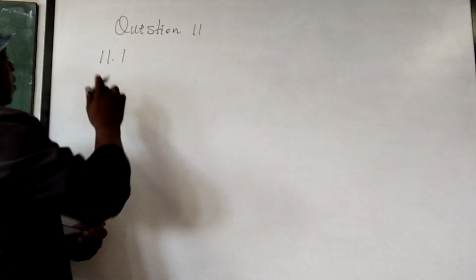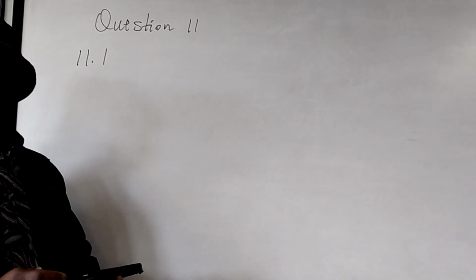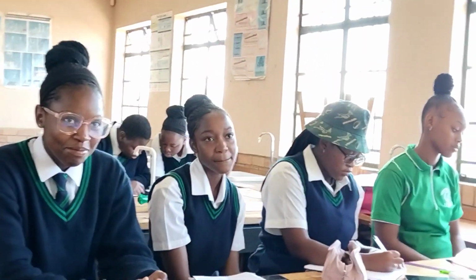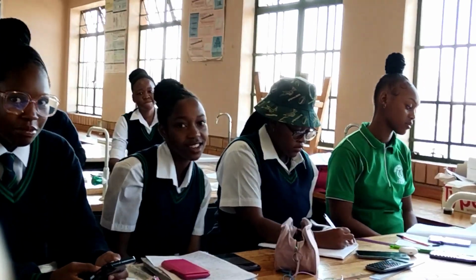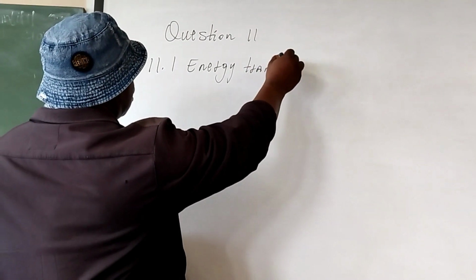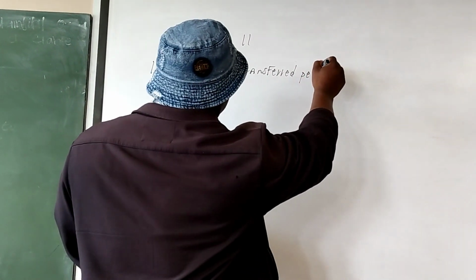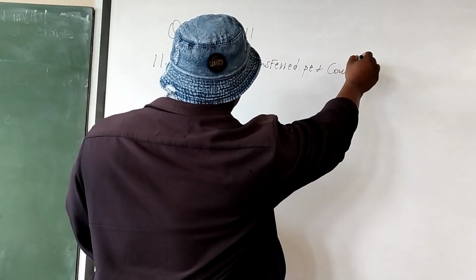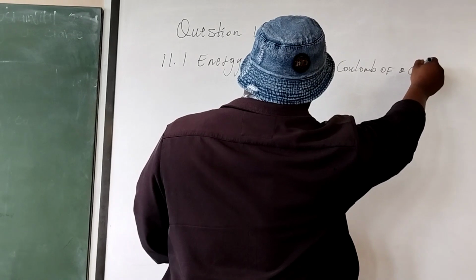So let's answer that. What do you think that is? Asiki? The energy transferred per coulomb of a charge.